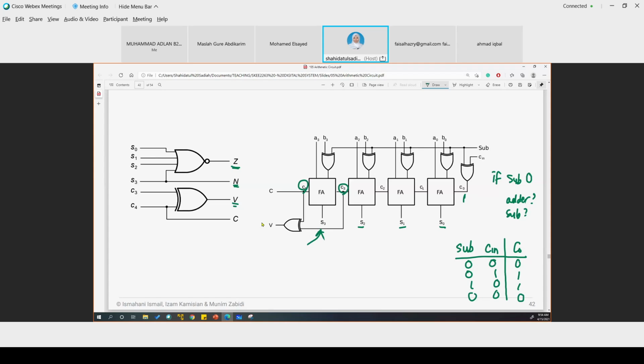If the sub is 0 and the C-in is 0, then we will do addition.